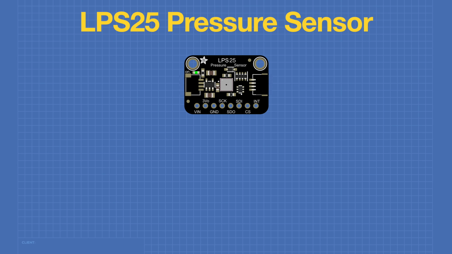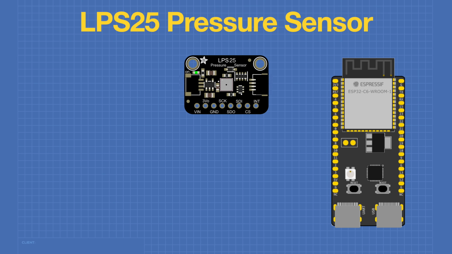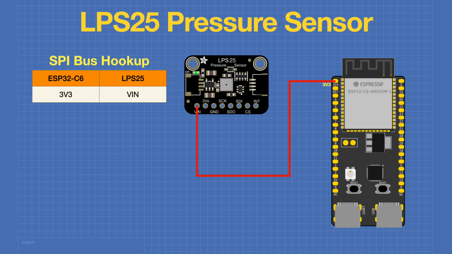Today we're going to be using the LPS25 pressure sensor with an ESP32C6, but you could use pretty well any microcontroller. Although we've used I2C for our other demonstrations, let's use the SPI bus to hook this one up. We're going to connect the 3.3 volt output of the ESP32 to the V-in pin on the LPS25.